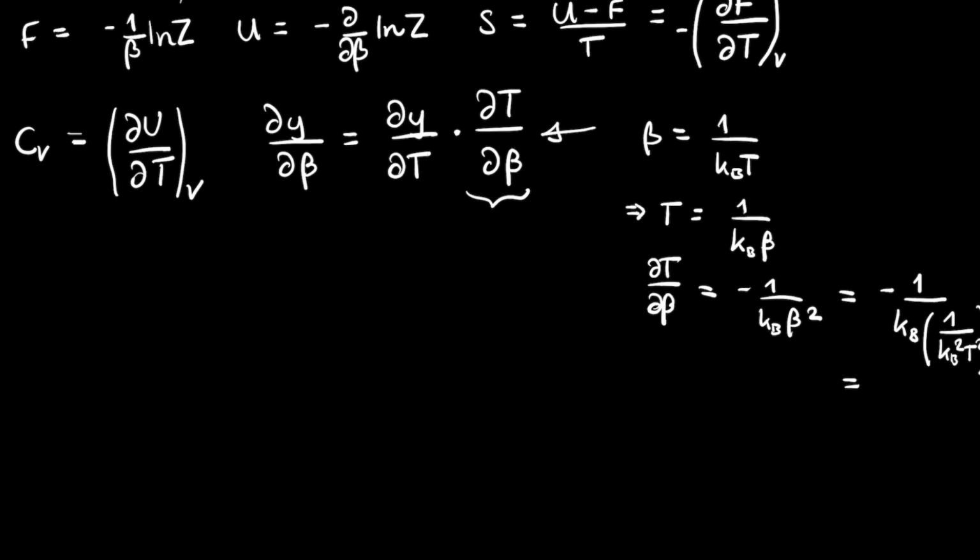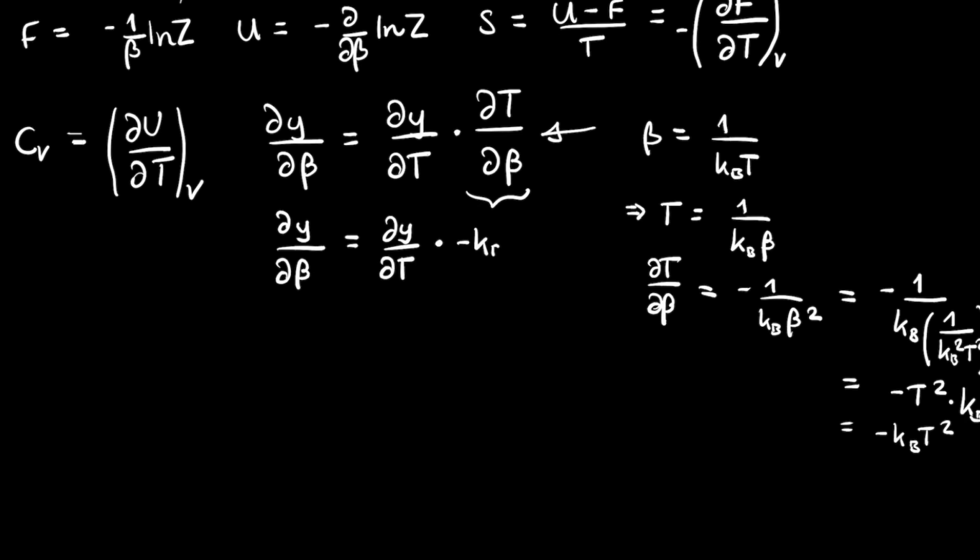If we tidy up that fraction, that's going to be minus kB T squared. So that's all we've got to multiply by when converting. We actually want dy by dT, so I'm going to rewrite this equation: dy by d beta is simply equal to dy by dT multiplied by minus kB T squared.